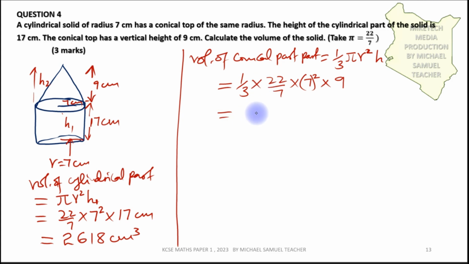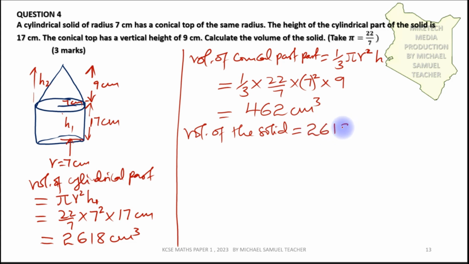So using a calculator, we end up getting 462 centimeter cube. So the volume of the solid will be the sum: the volume of the cylindrical part, which is 2618, plus the volume of the conical part, which is 462. So here we add it together, we get 3080 centimeter cube, and that is the volume of the solid.